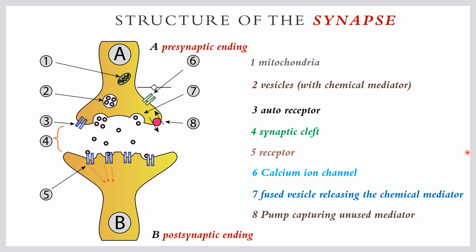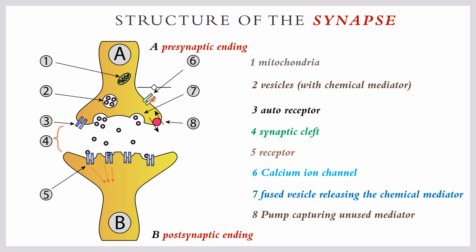So just to retake all the information, we have the presynaptic terminal, or the axon terminal, with vesicles filled with neurotransmitter. Of course, here we have other organelles represented in the picture, like mitochondria.